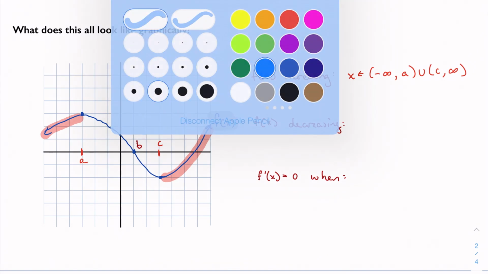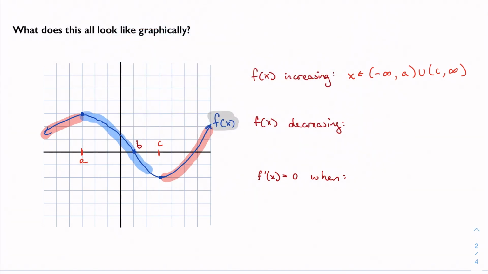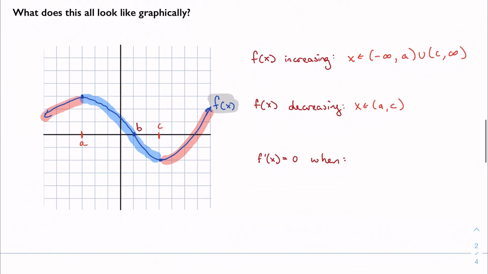So it's decreasing from a to c, not including a and c, of course, because at those points we have a horizontal tangent. We have a critical point, a turning point. And at those turning points, f prime of x is 0. So f prime of x is 0 when x equals a or x equals c. So it's pretty straightforward if I just give you f.